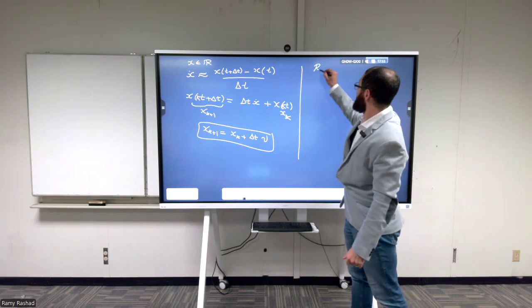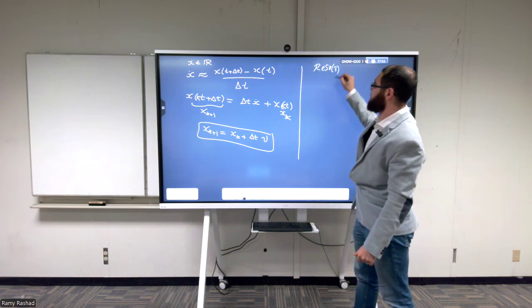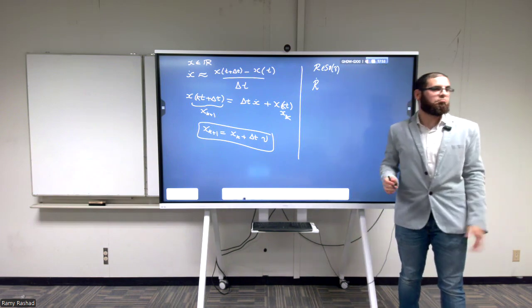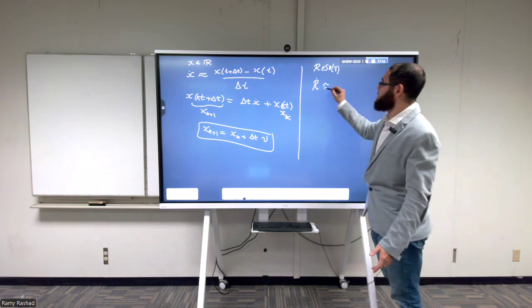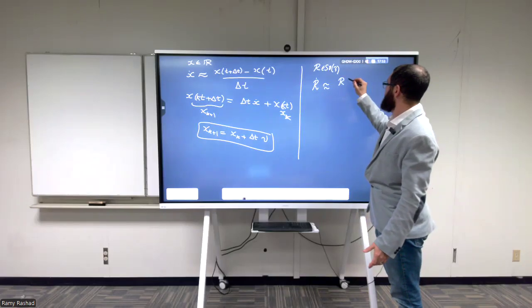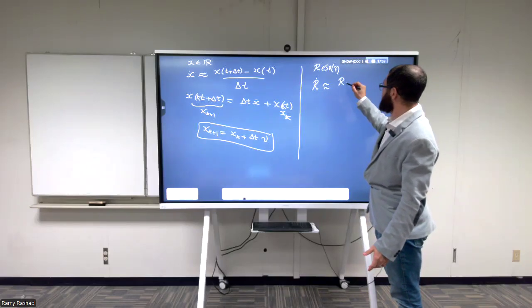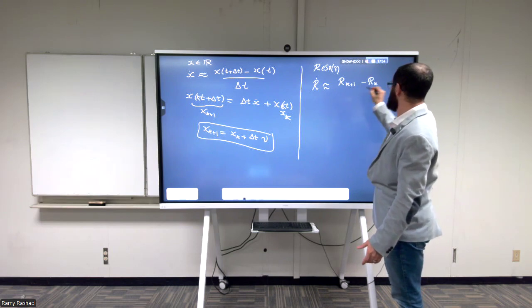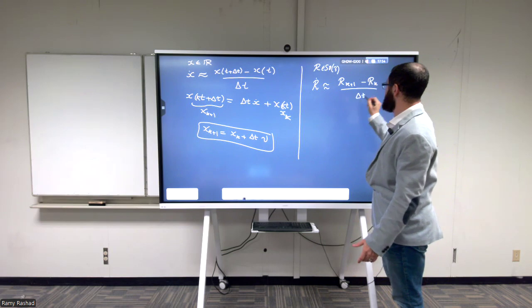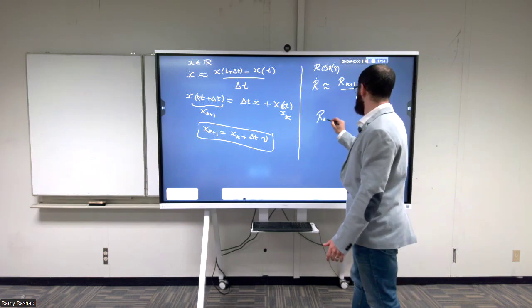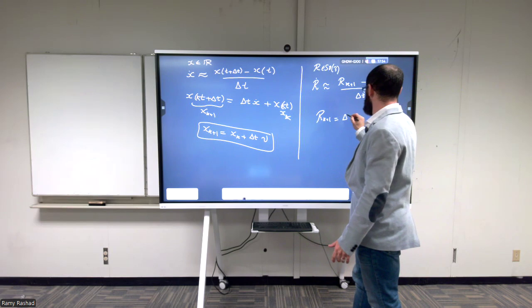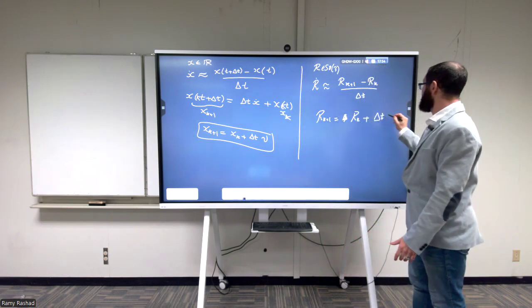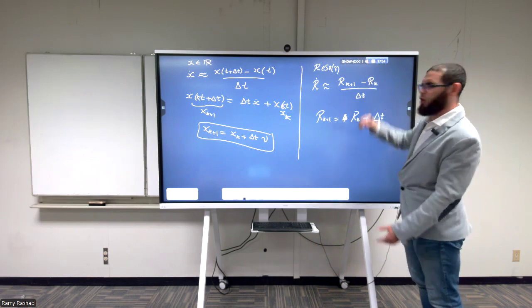I have R that lives in SO3. And R dot, how is it defined? Play the same trick. It's approximately R k plus 1, minus R k, divided by delta t, which means R k plus 1 is equal to R k plus delta t multiplied by the R dot.